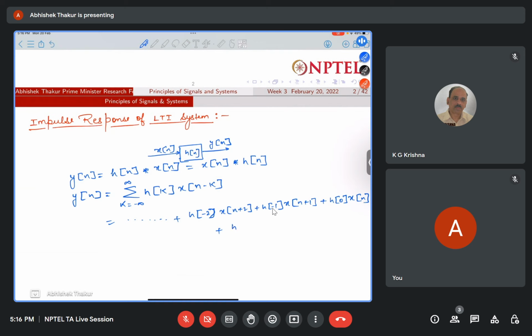Now when k is equal to 1, it will be h[1] x[n minus 1], and it will go up to k equal to infinity.